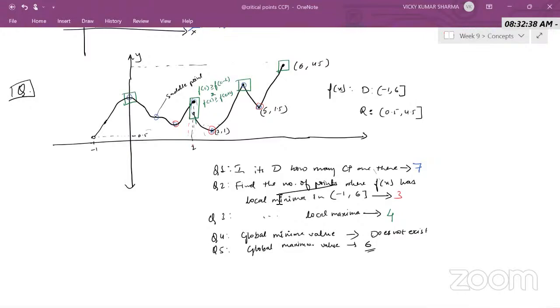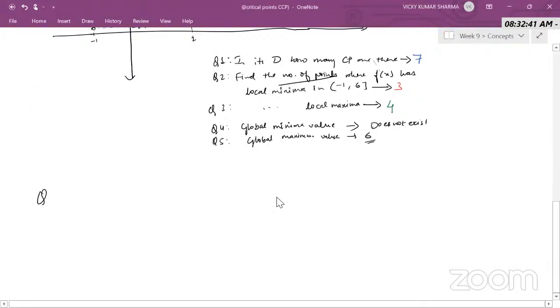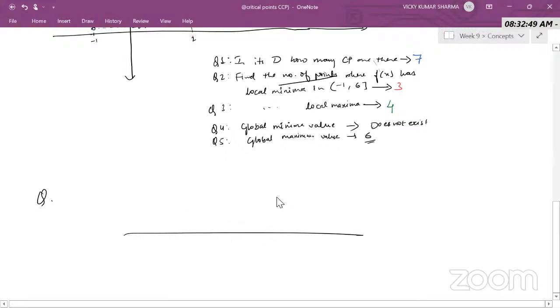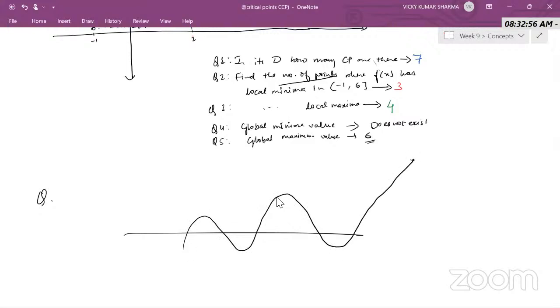Now, for example, if I gave you this question. This is a function, some polynomial function.